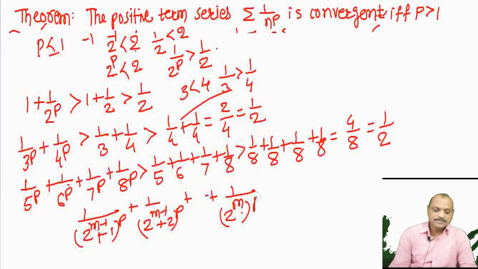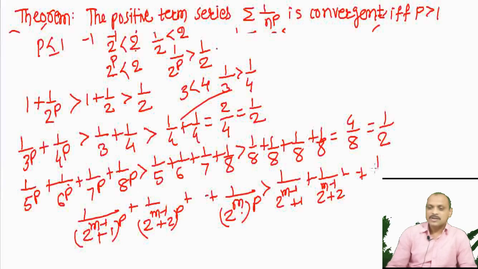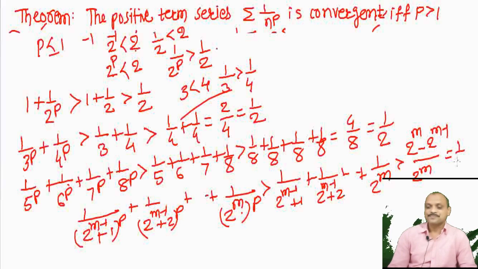This is greater than 1 divided by 2 raised to m plus 1 divided by 2 raised to m, and so on, which obviously gives 2 raised to m minus 2 raised to m minus 1, divided by 2 raised to m, and which is equal to 1 by 2.